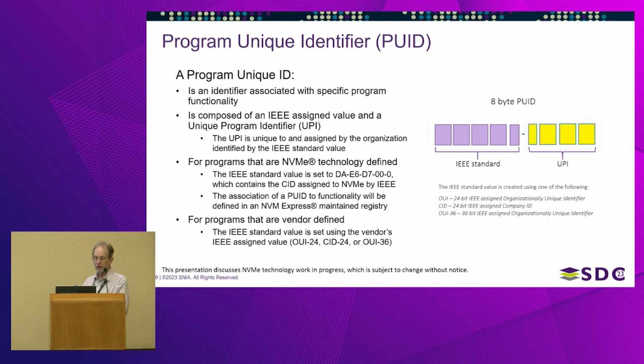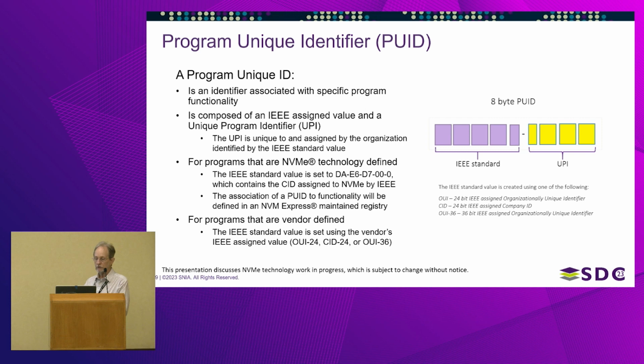The program unique identifier is composed of an IEEE assigned value and a unique program identifier. The unique program identifier is unique to and assigned by the organization identified by the IEEE standard value. We have allocated a space for the IEEE standard value. It could be 36 bits if you have an OUI 36, or it could be 24 bits if you have an OUI 24 or CID 24.